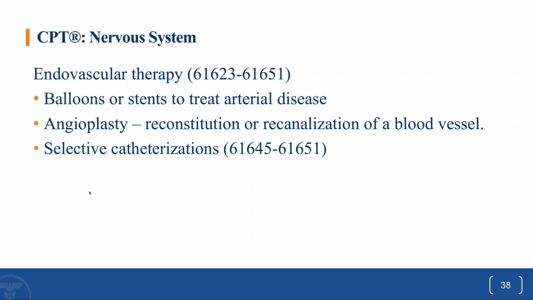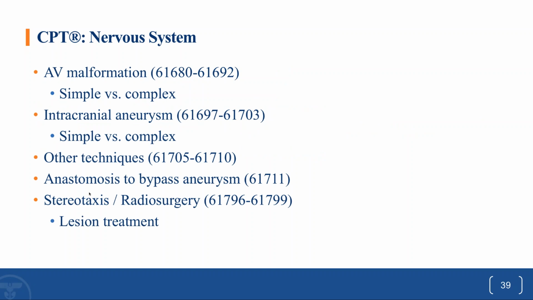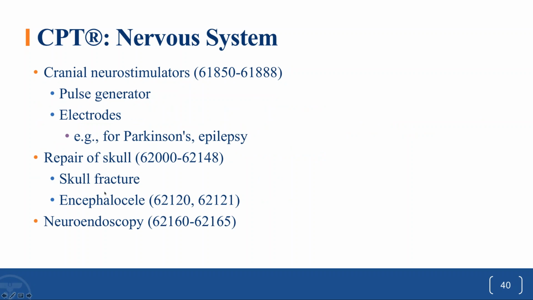You definitely need the neurostimulators. That's on page 378. Right now I'm on page 378, for the neurostimulators. All right, so under the neurostimulators, again, under CPT code 61850, remember they're inserting electrodes or catheters.